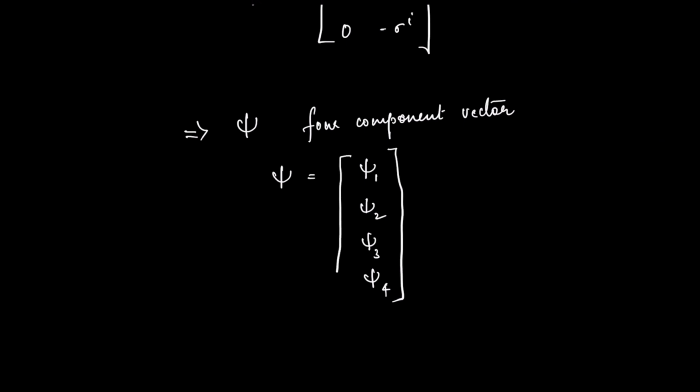In general I can represent psi alpha with alpha equal to 1, 2, 3 and 4, and this can be a complex vector.